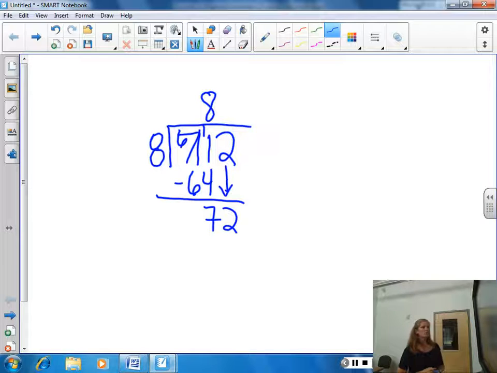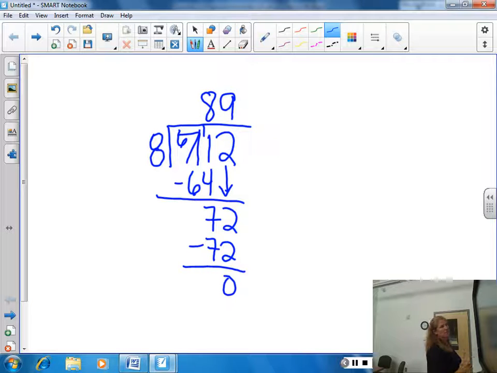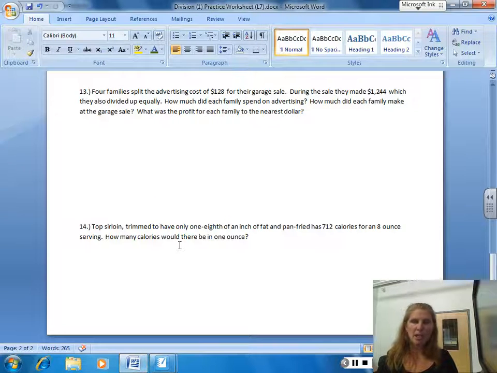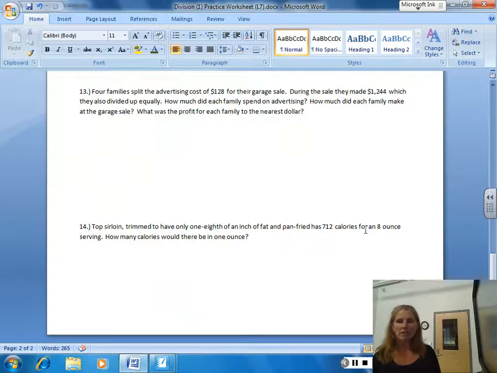And 8 goes into 72 9 times. 9 times 8 is 72. And so I don't have any remainder. That means that every ounce of this meat has 89 calories in it. Was it calories? I think it was. Let's reread the problem. How many calories would there be in 1 ounce? There's 712 calories in 8 ounces, and there's 89 calories in 1 ounce.